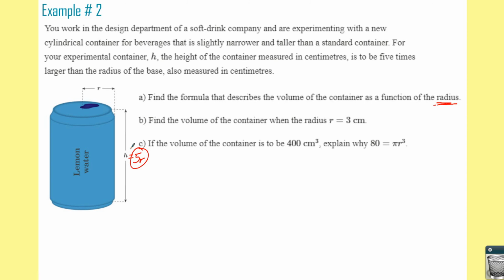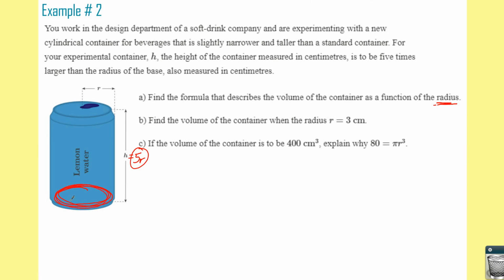Now you want to know what the volume is, so hopefully you remember this from geometry. Any item that is perpendicular to the ground, standing straight up, standing tall, you can find the volume of by doing the area of the base times the height. So we think about the base of our can.